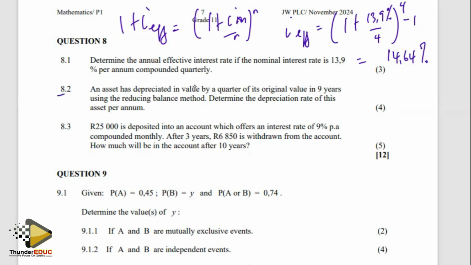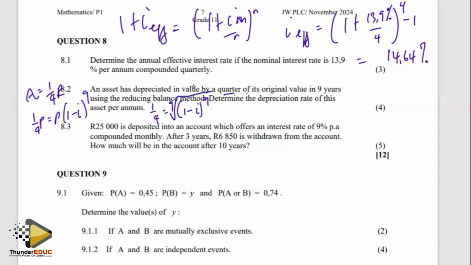Then 8.2, an asset has depreciated in value by a quarter of the original value. So which means my A is going to be a quarter P, if initially was P that was invested. So a quarter P is equal to P into 1 minus I to the exponent of 9. The P's will cancel. 1 over 4 is equal to 1 minus I to the 9.